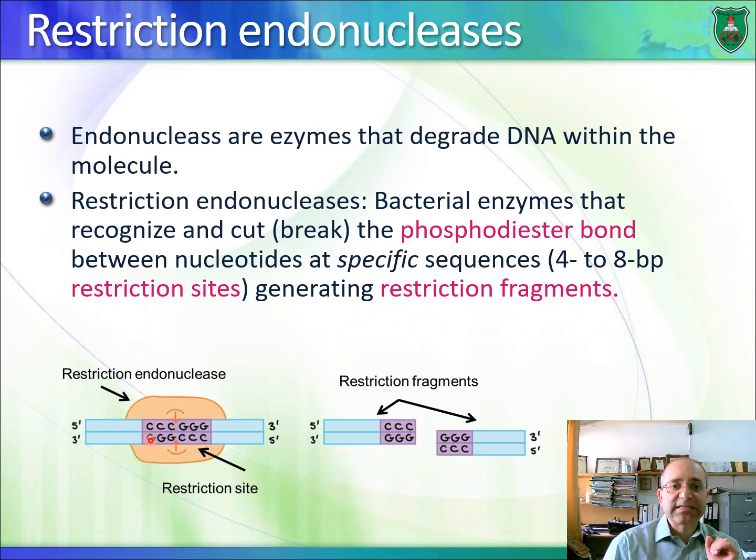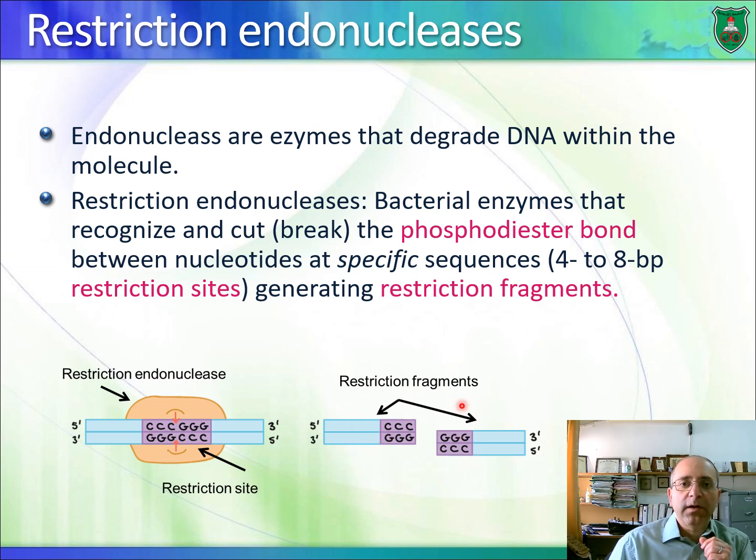It's C, C, C, G, G, G, and that's it. So the restriction endonuclease recognizes this sequence. Here's a restriction site again. The enzyme cleaves within the restriction site, generating restriction fragments.